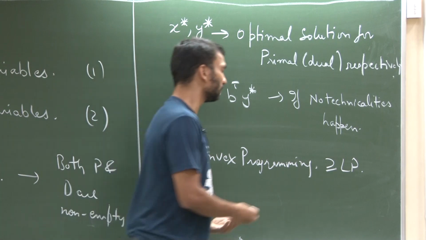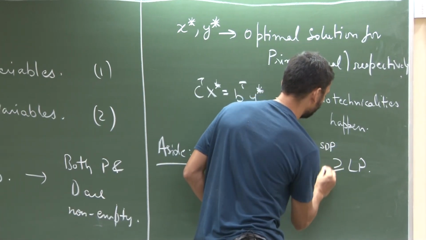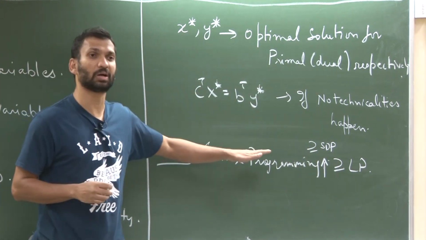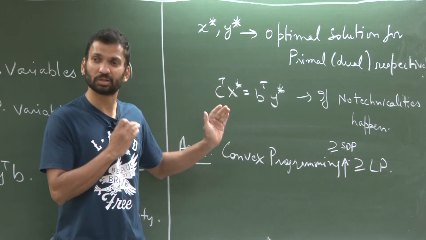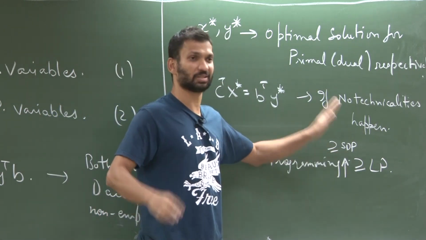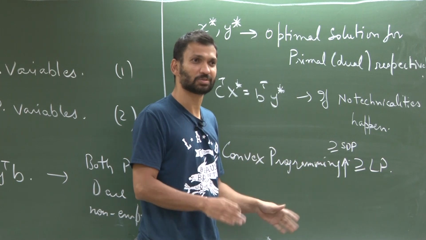There is another small subset which kind of comes in between, which is called semi-definite programming, and I will cover that because it's also used a lot in complexity theory, and this is where my research started, so I'm kind of fond of it. So I will tell you about this whether you like it or not.